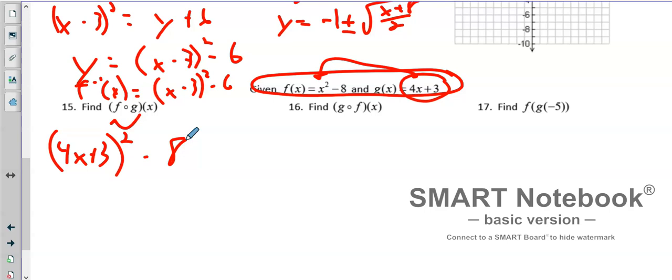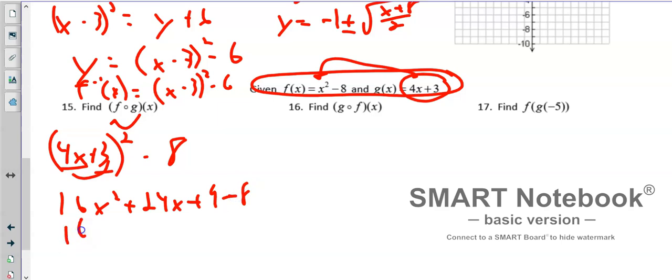So remember, you can FOIL this off to the side or just do the shortcut. Square the first, 16x squared. Multiply and double. So 3 times 4 is 12. That's 24x. Square the last. And don't forget the minus 8. Now you just combine like terms. 16x squared plus 24x. 9 minus 8 is 1.